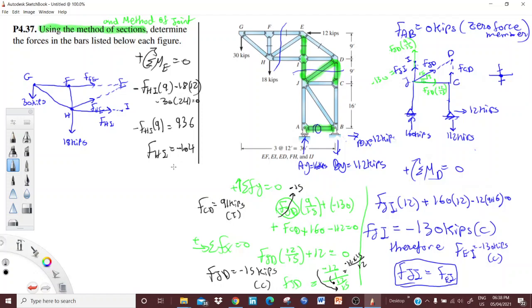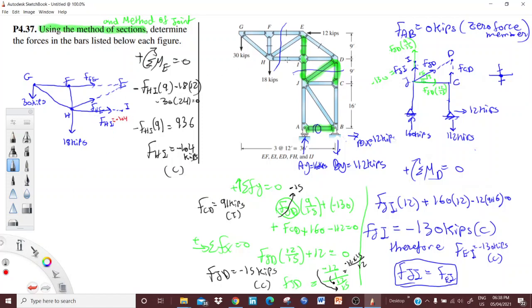So HI is in kips, compression. So we found HI, which is equal to negative 104 kips.